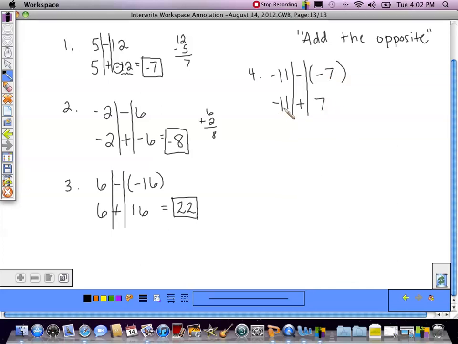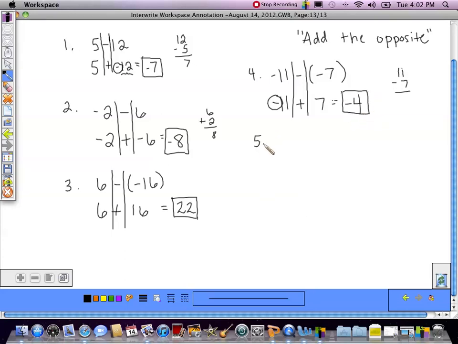Negative 11 plus 7, I'm adding integers, and I notice that the signs are different. So I'm going to come to the side and find the difference. In my head, I'm thinking 11 take away 7 is 4. Find the difference between the numbers and then keep the sign of the larger number. In this case, 11 is larger than 7, so you're going to keep that negative. So negative 4 is your answer.